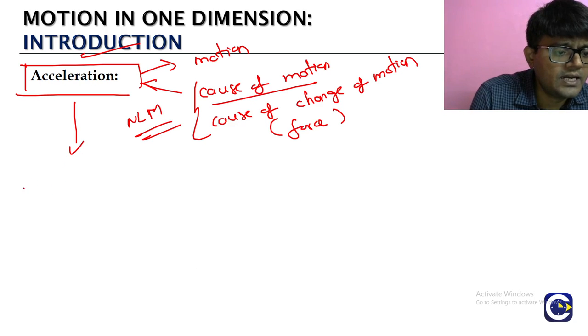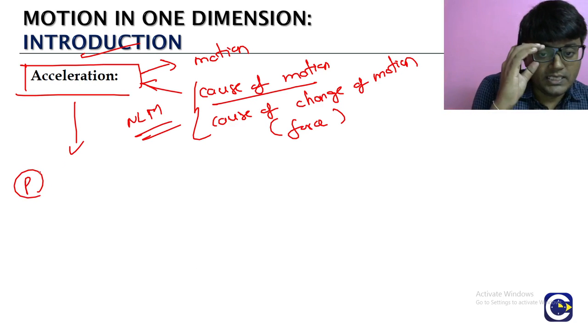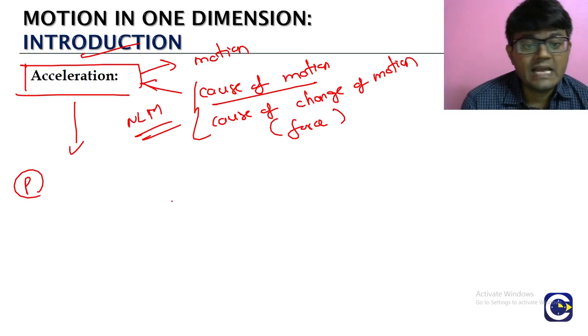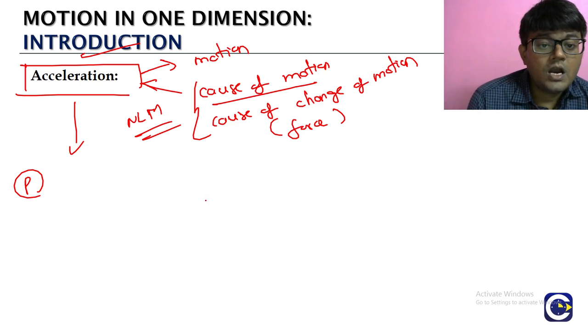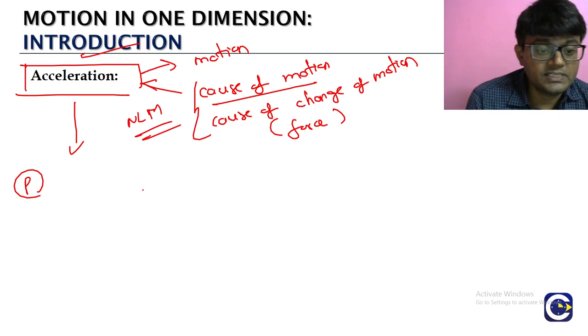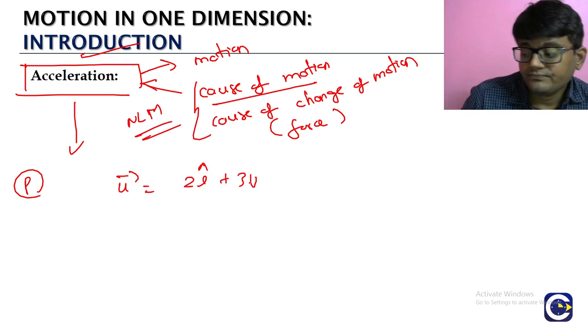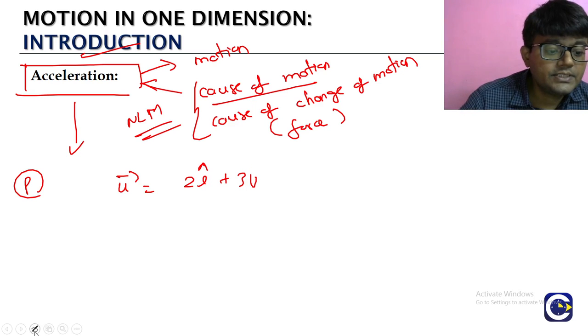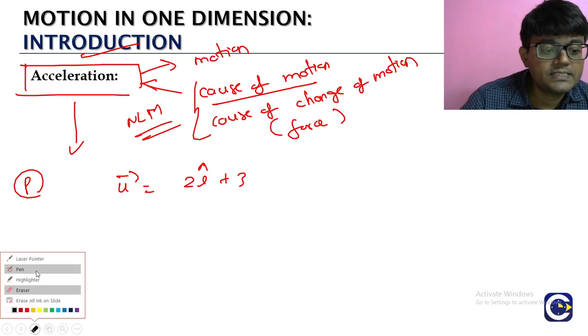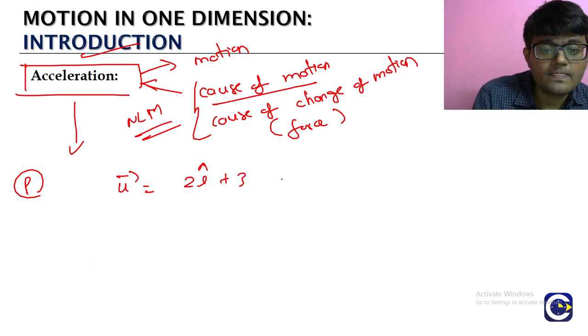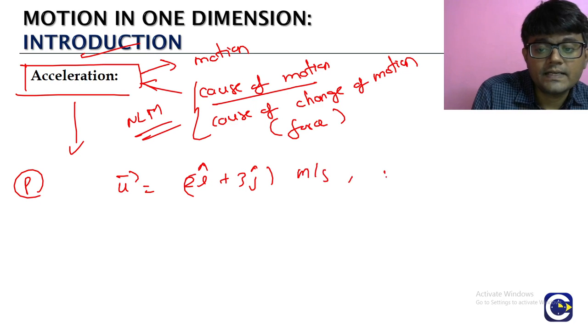Now that we are discussing acceleration, let us do one sample question on this so that we understand how well we have got this concept. Let us say the initial velocity of the object is 2i plus 3j meter per second.